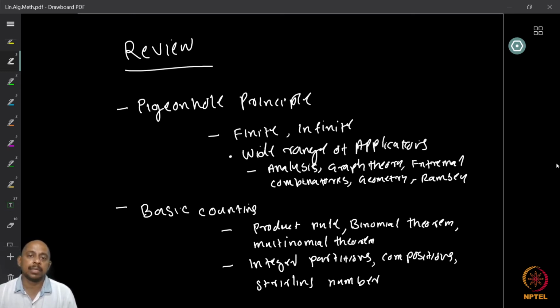We looked at both the finite and infinite versions of this principle, and it has applications in several areas like analysis, graph theory, extremal combinatorics, geometry, Ramsey theory, and we saw the connection of this principle with the theorem of Ramsey. This was what we did first, and then we saw that it has many applications.